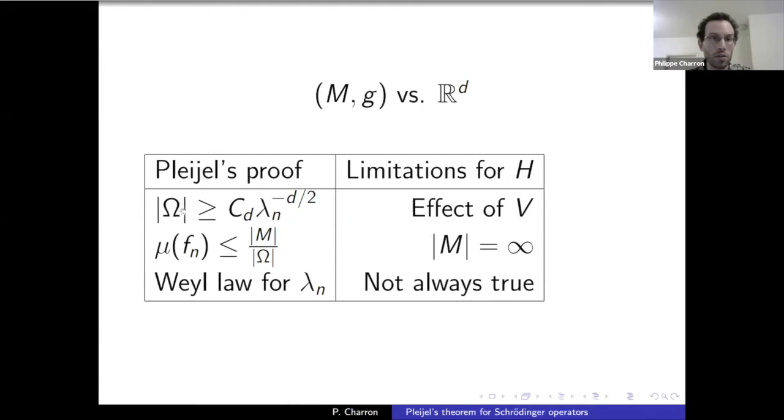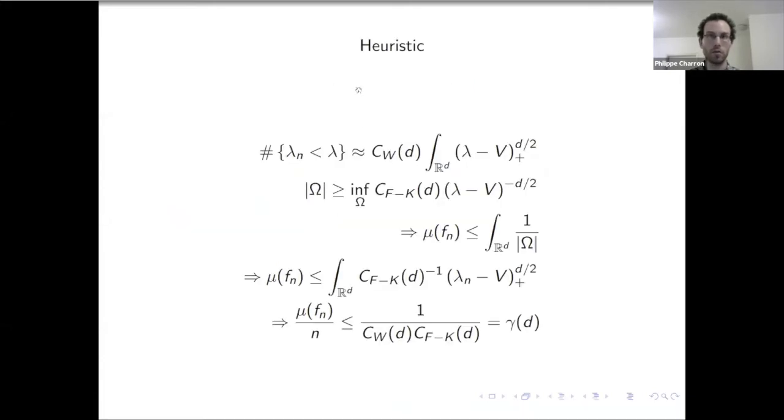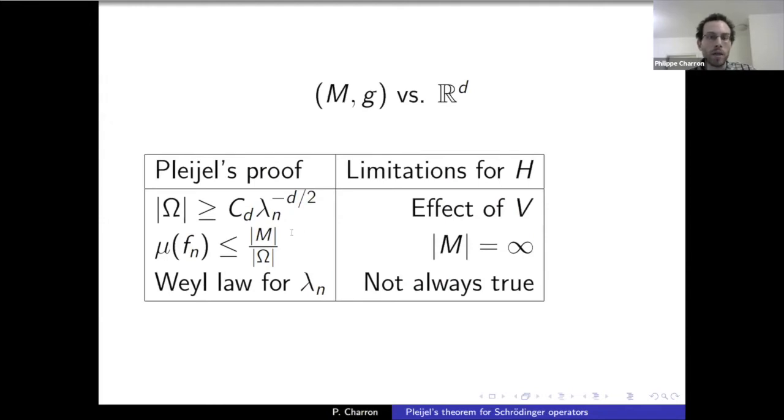So if omega is a nodal domain, its volume is bounded below by some constant which depends only on d, times lambda to the minus d over 2. And so if every nodal domain has its volume bounded from below, then the nodal count, mu of f_n, is less than the volume of M divided by the minimal volume of omega. And then what you do is that you control this lambda_n using Weil's law.